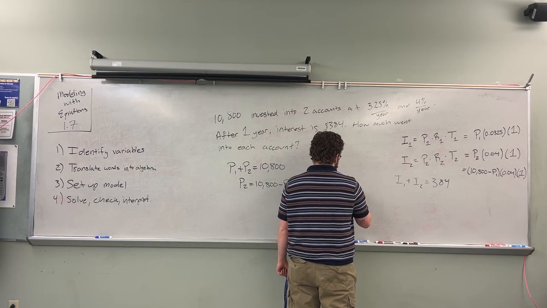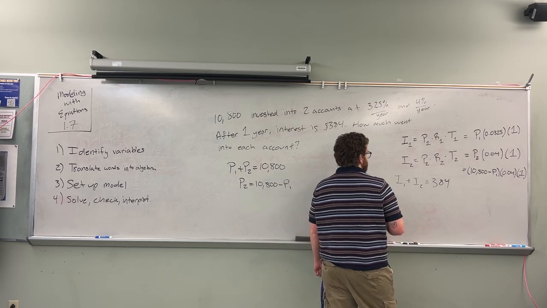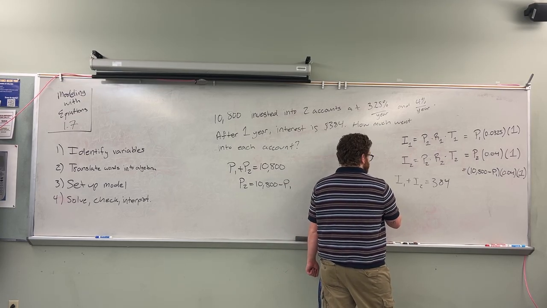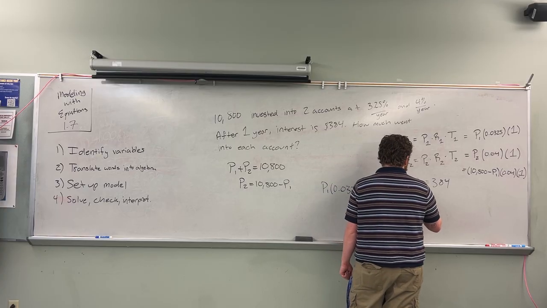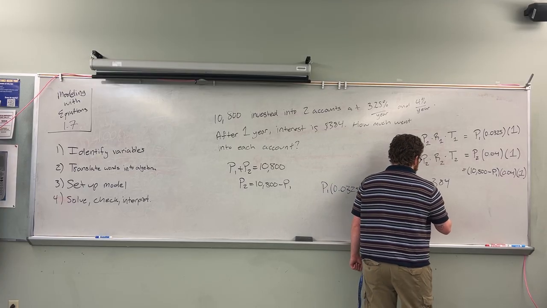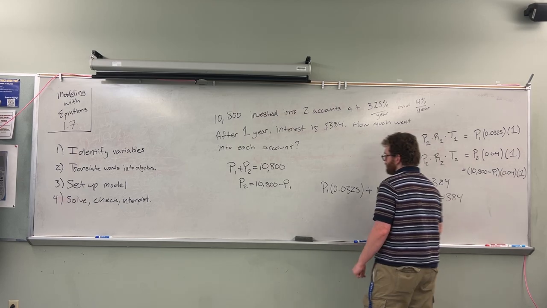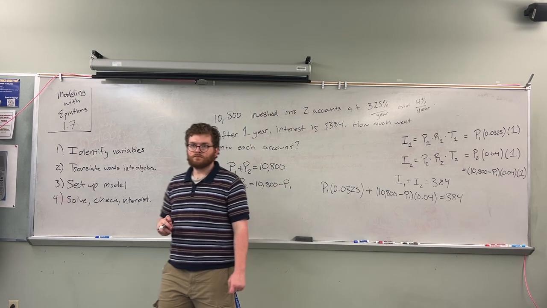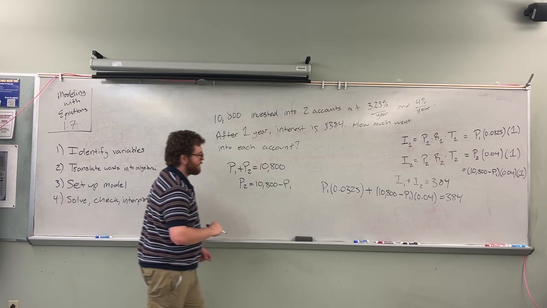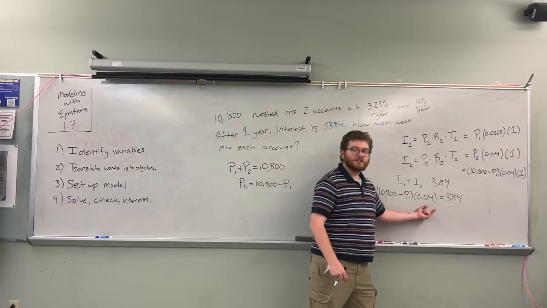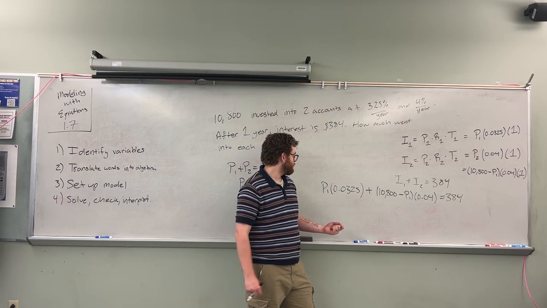P1 times 0.0325, I'm going to quit writing the times 1 because it doesn't change anything, plus (10,800 minus P1) times 0.04 should equal 384. Now I just have an equation in terms of P1, and I can solve for P1.